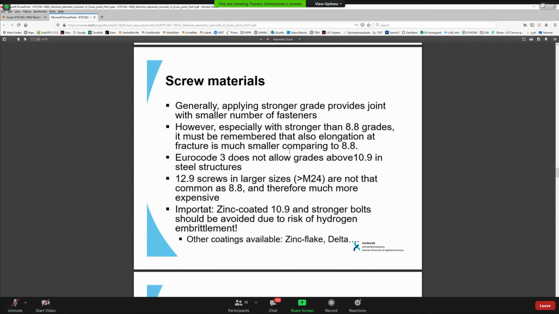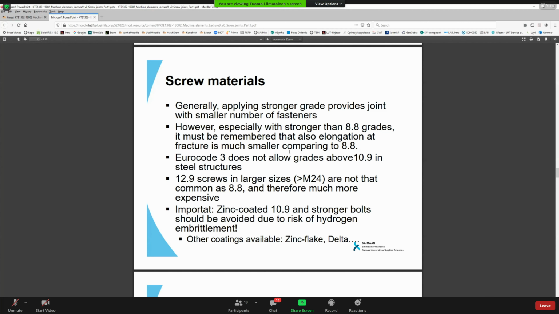What is important to know about these materials is that if somebody is providing you zinc-coated 10.9 or stronger bolts, you should avoid those because of so-called hydrogen embrittlement. You can Google later on what that means, but it increases the risk of sudden breakage of the bolt.